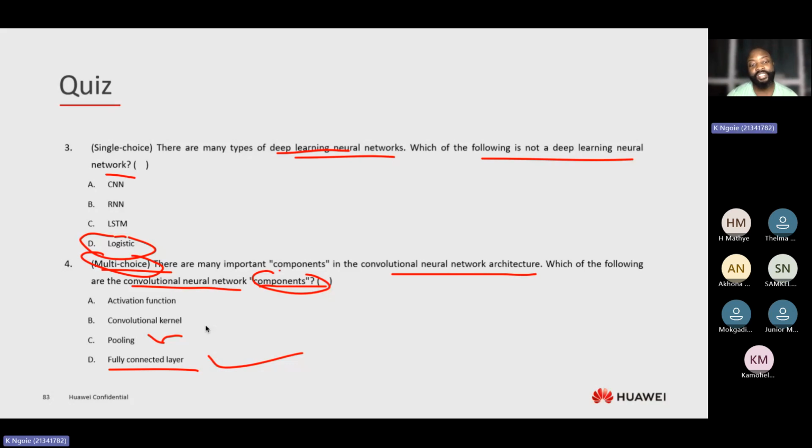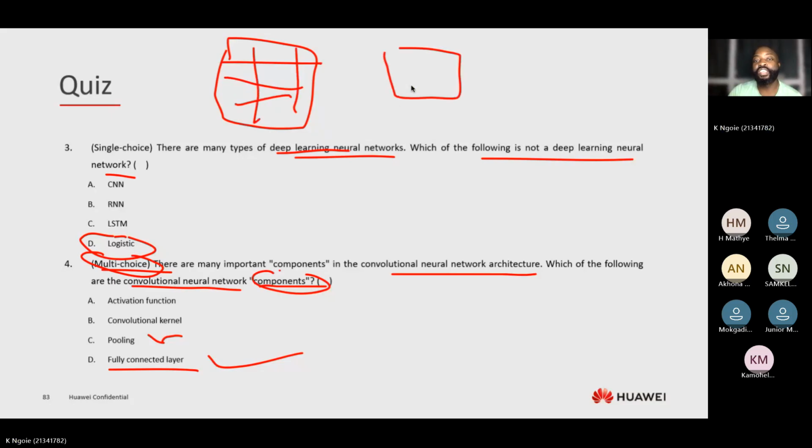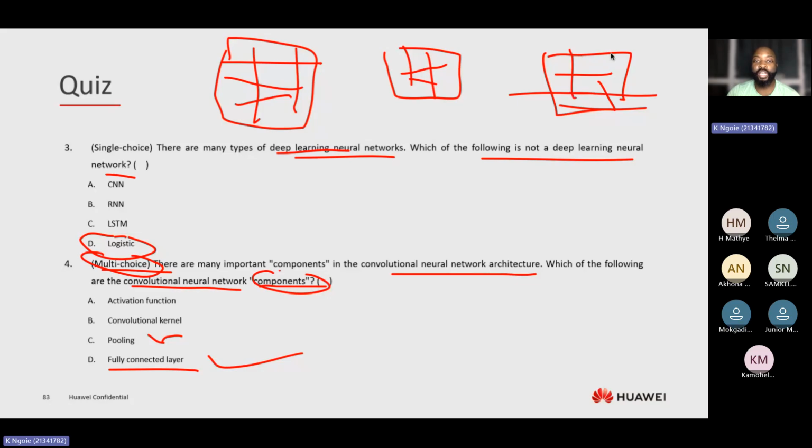Yeah, but we also have a kernel, which we use in a convolutional layer. Do you remember when we spoke about the example of the first image that we have, and then we have a kernel, which we're going to apply to this layer to get a feature map? Do you remember this part? Yes, sir. Do you guys remember? Yes. Yeah, so we have a kernel, which is applied to the convolutional layer. So we have a convolutional kernel.